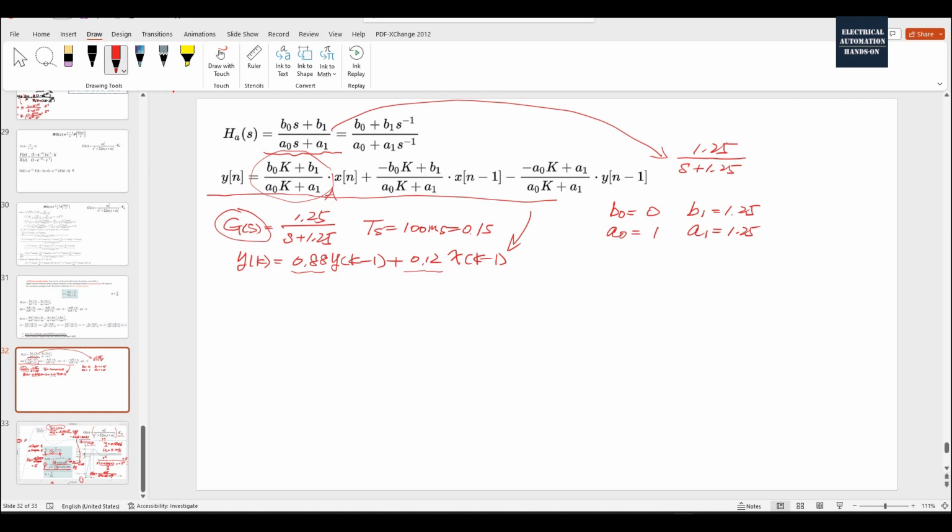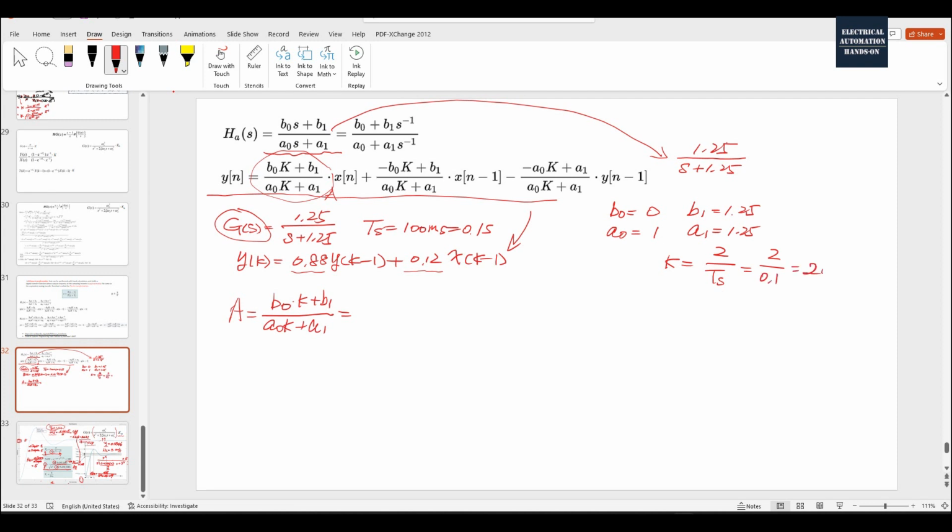Let's call this A, equal to B0 times K plus B1, over A0 K plus A1, right? So where K is equal to 2 over Ts. So here in this case, Ts is 0.1.